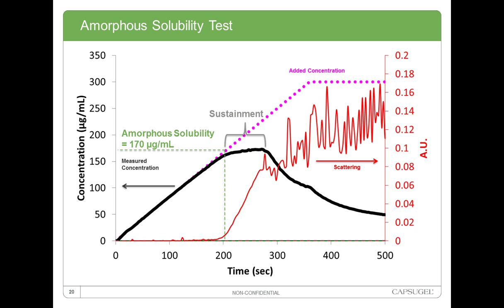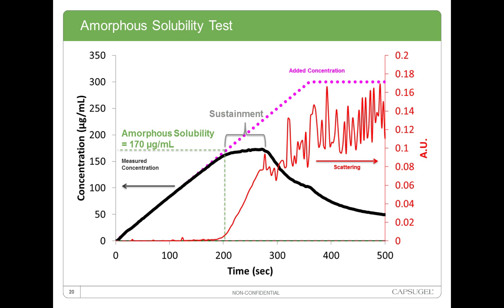That initial scattering event is indicative of phase separation into an amorphous phase, and therefore corresponds to the amorphous solubility. During that time when we're seeing an increase in scattering, the concentration is also plotted, shown in black, and we see that the concentration is flat during that time.